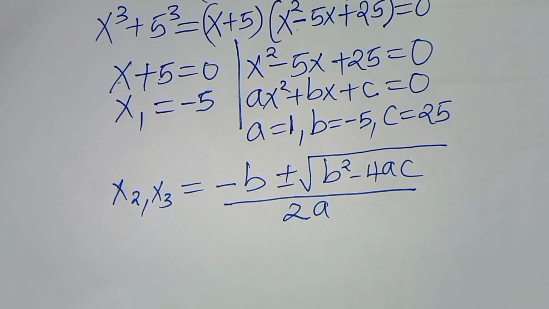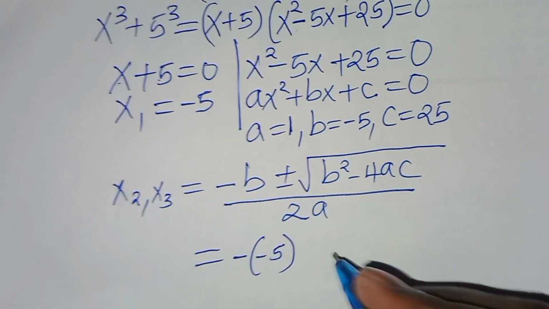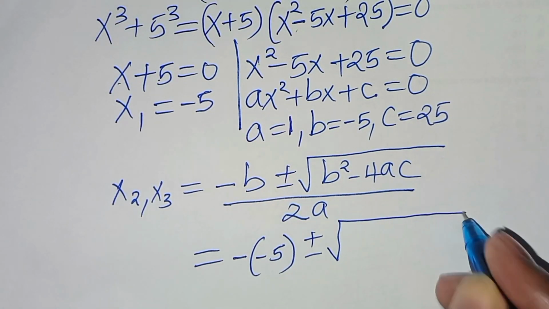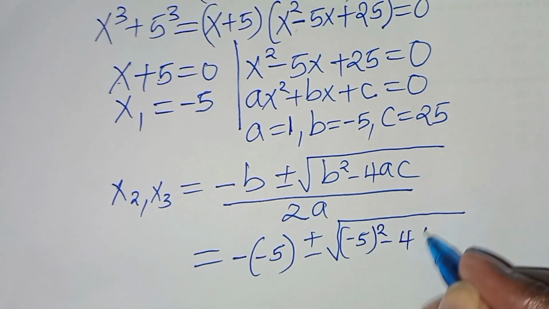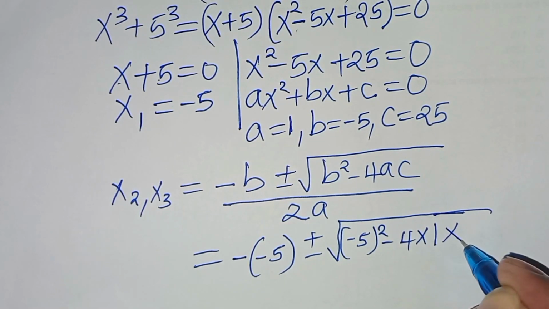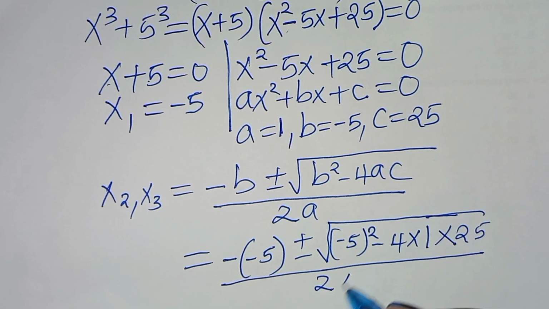Substituting the values of a, b, and c, we'll have negative negative 5 plus or minus the square root of negative 5 squared subtract 4 times 1 times c, which is 25, all this divided by 2 times 1.